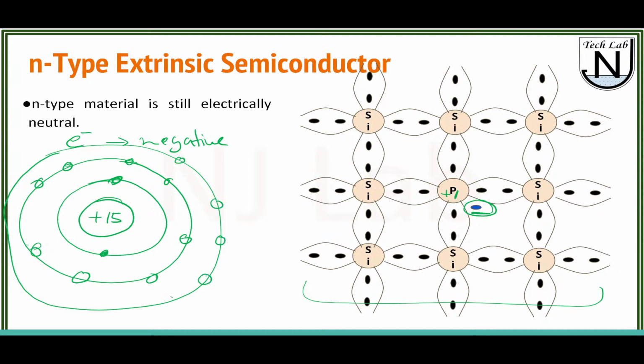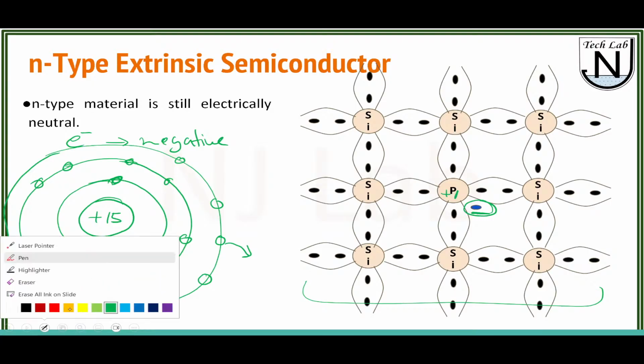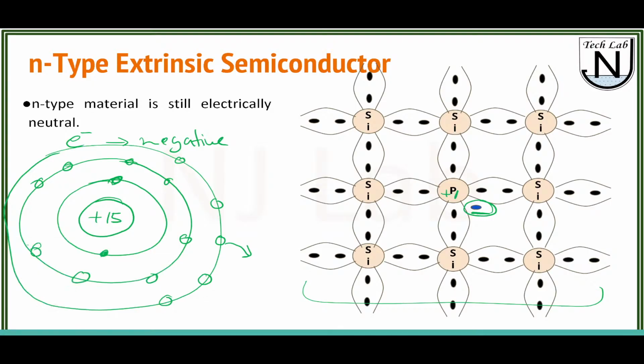Now if I remove this electron, then the charge that is present is 15, but the number of electrons left is just 14. If one electron is not associated with the atom anymore, it means overall this part is positive, right?